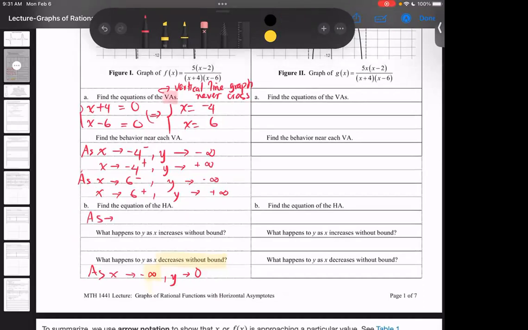When x approaches positive infinity, y, oh sorry, I wrote it in the wrong place. Y also approaches 0. Move it down here. And again, x approaching infinity is the same thing as x increasing without bound.